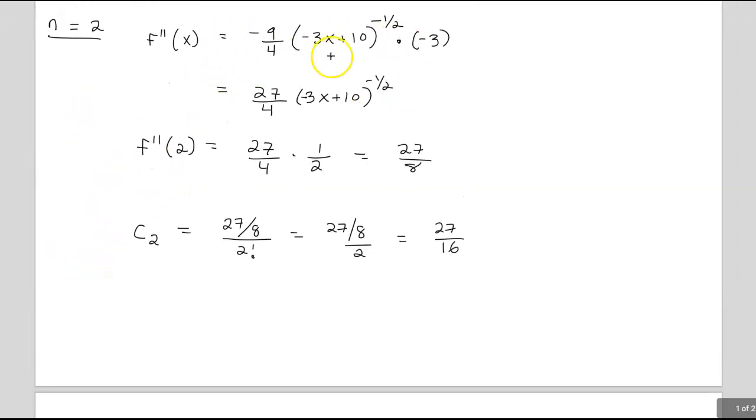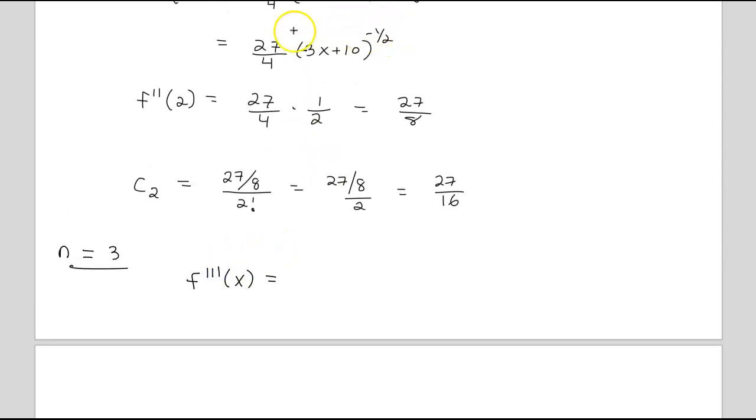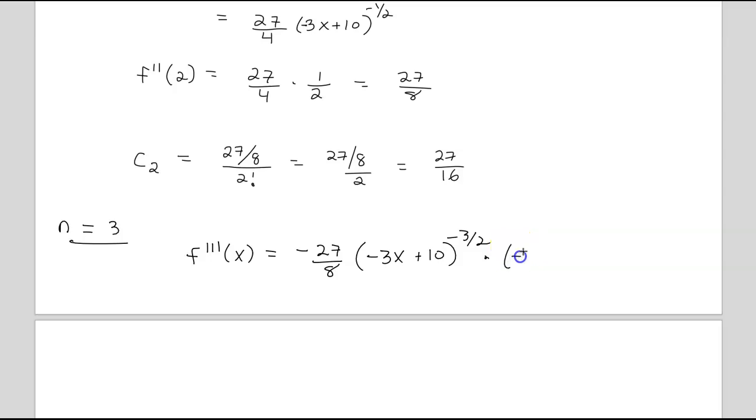Okay. And finally, we'll get the third coefficient, and we'll have to take the derivative one more time. So for n equals 3, we'll find f triple prime. That's going to be negative 1/2 times 27/4. That's going to give us negative 27/8 times (negative 3x plus 10) to the negative 3/2 power times negative 3.